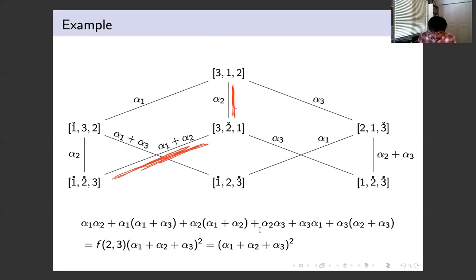So the weight of the chain is alpha 2 times alpha 1 plus alpha 2. And now if you add these weights over all possible maximal chains, then we see that the answer factors exactly as our theorem predicts. Now note that F2,3 is equal to 1 because there's only one valid Young tableau for a 2 by 1 rectangle.